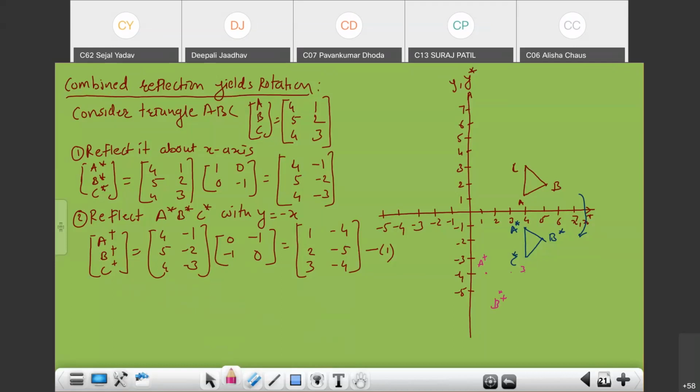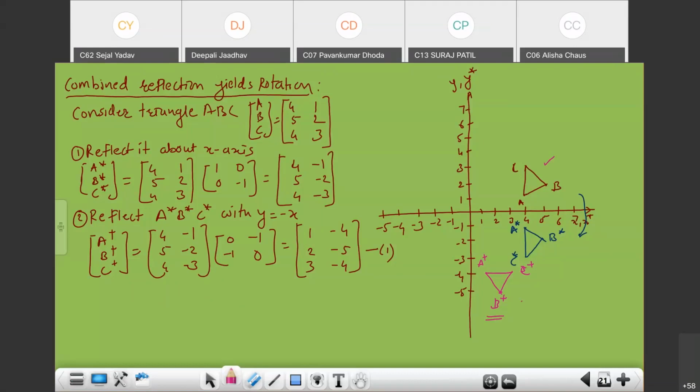That is C plus. Okay. So this is our new triangle. Now we can observe it. It is through y equal to minus x. These 2 reflections we have done on this original triangle ABC, and this is the final result. Correct? First this reflection and then this reflection.